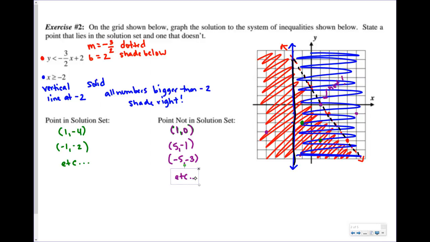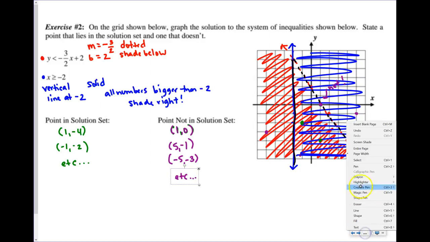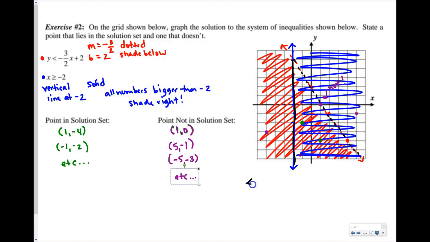Okay? If you've forgotten the shading rules and want to write yourself a note, I'll put it on this exercise right here. If you have a greater than or equal to or less than or equal to, you'll have a solid line. If you have a less than or greater than, that is a dotted line.